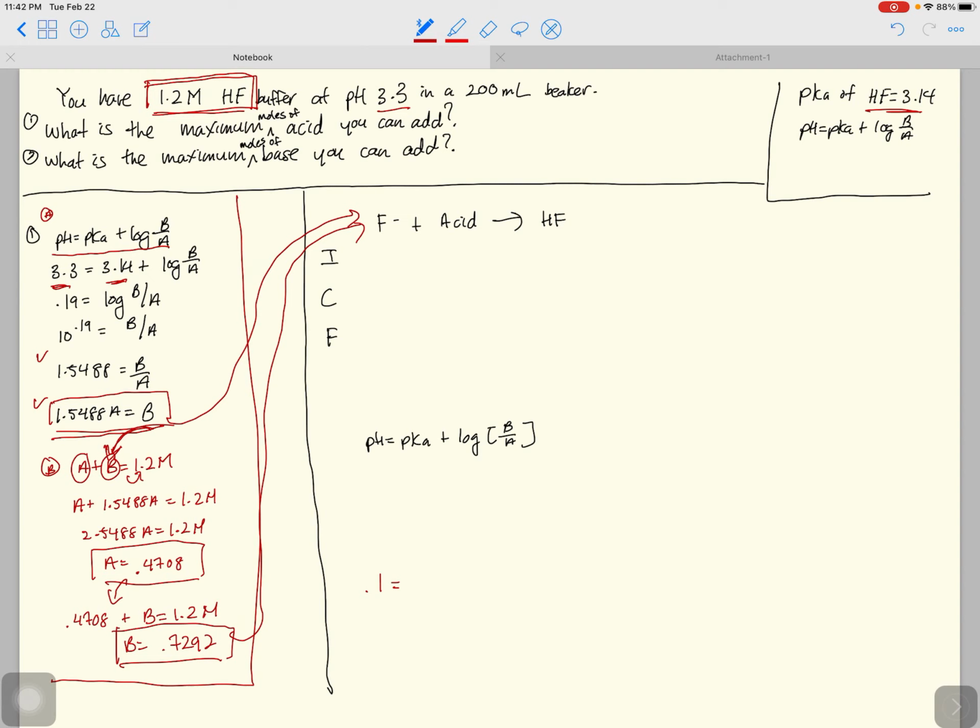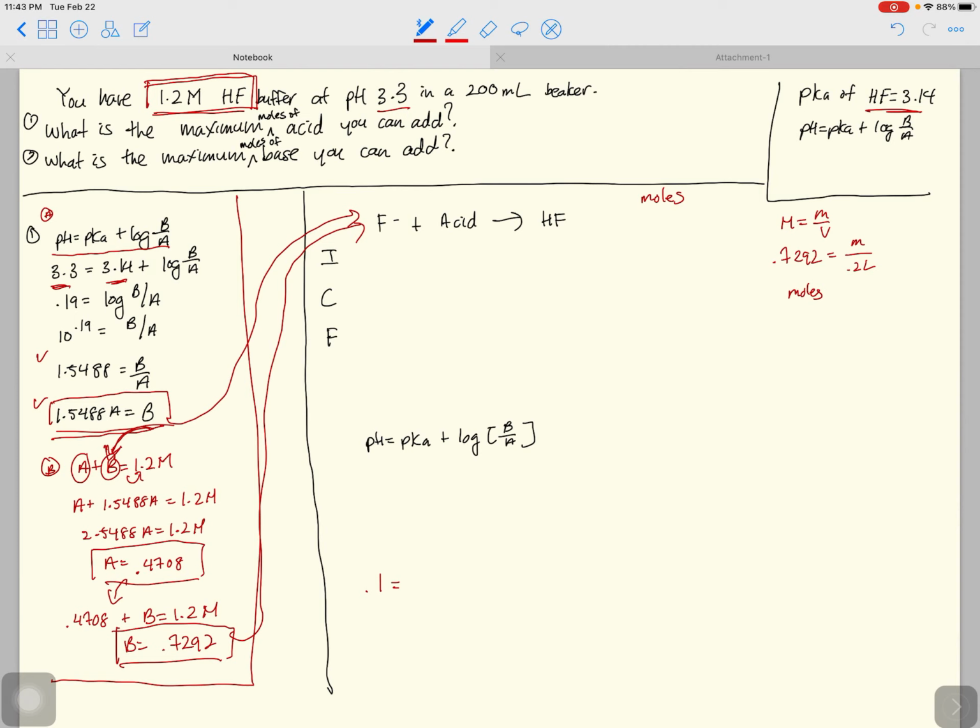No, because remember, limiting reagent is always in moles. And so molarity equals moles over volume. The molarity was 0.7292, and how much volume do we have? 0.2 liters.